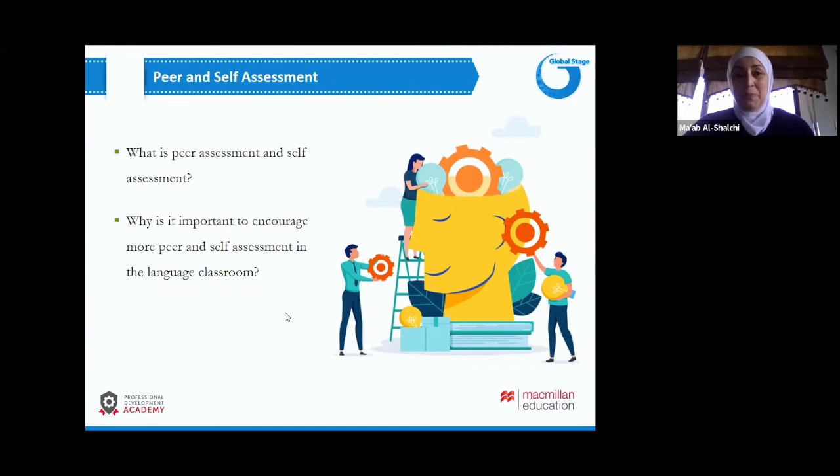Like we said before, peer assessment and self-assessment, both are very important. They help students move forward confidently. And why is it important to encourage this? Because of the independent learning, because we want them to feel that, especially English as a language that they might not use as much at home as they use Arabic.